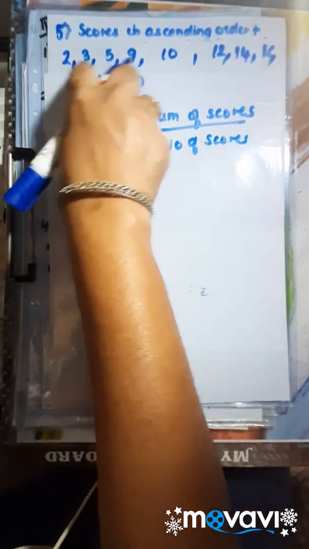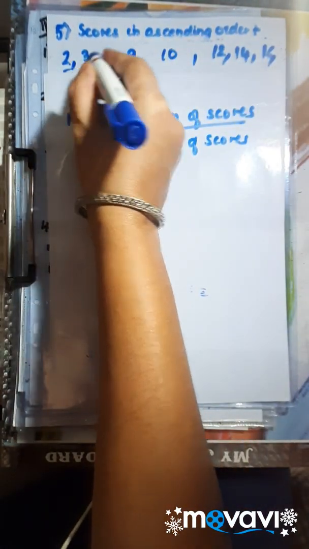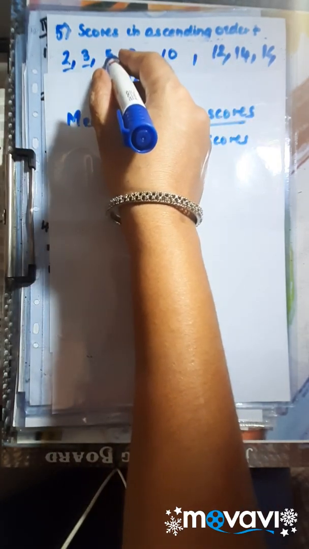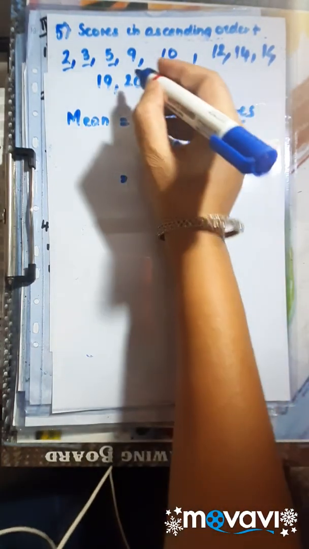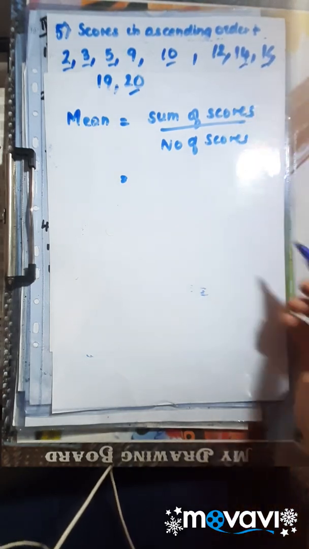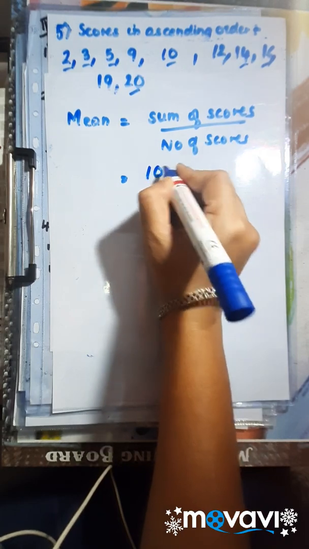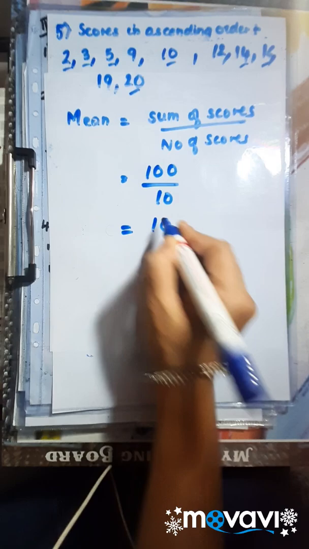So this is equal to 2 plus 3, 5, 5 plus 5, 10, 20, 40, 70, 91, 100. So my average is 10.